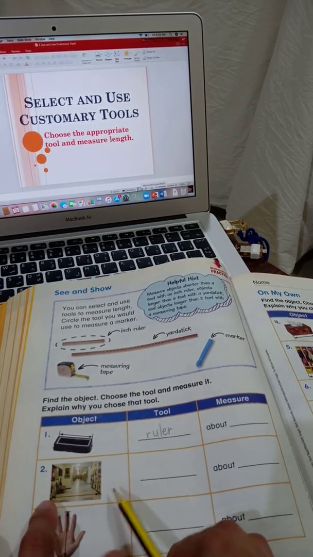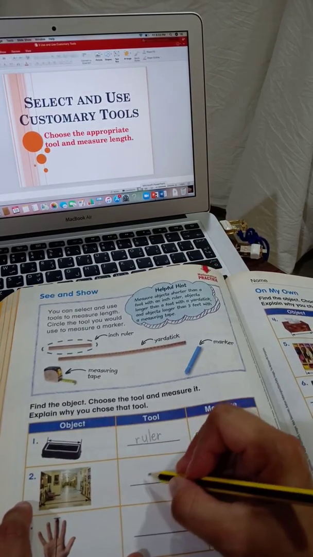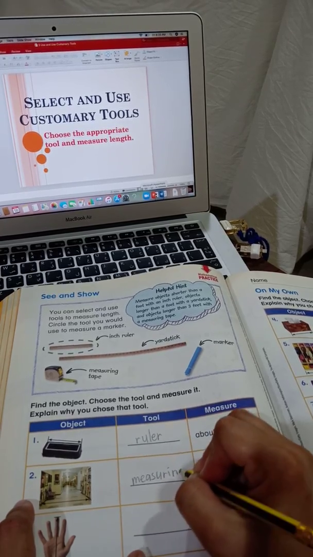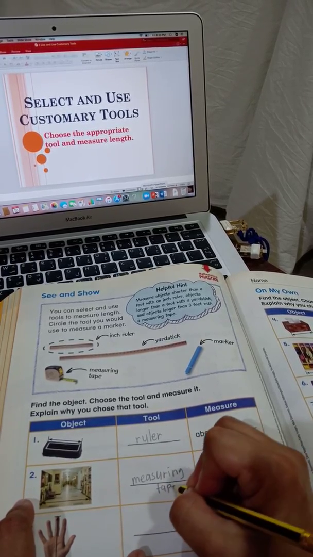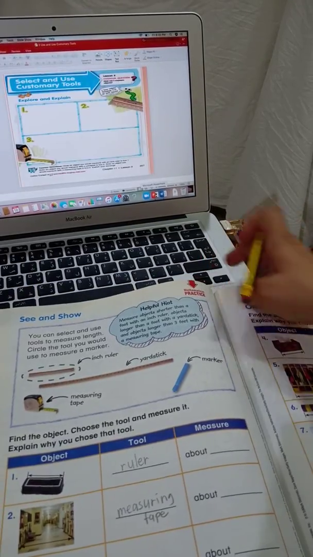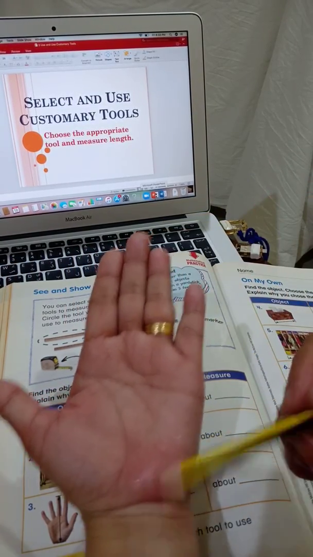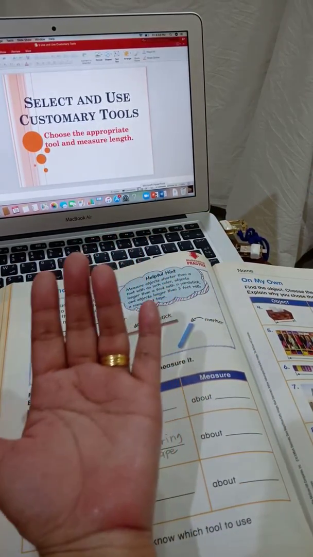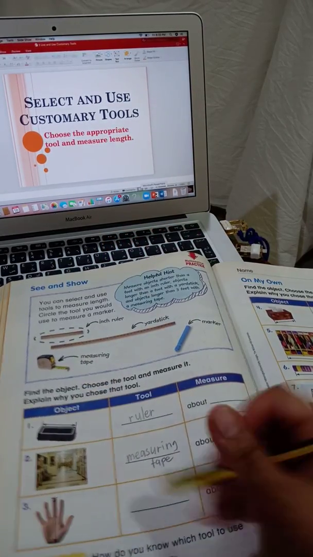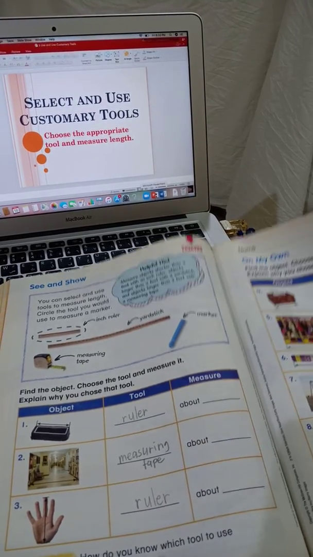How about the hallway? Very good. The measuring tape, because it has a wide length. Next, our pencil from here to here. Yes, we can measure it with our inch ruler. To make it short, let's just use the word ruler.